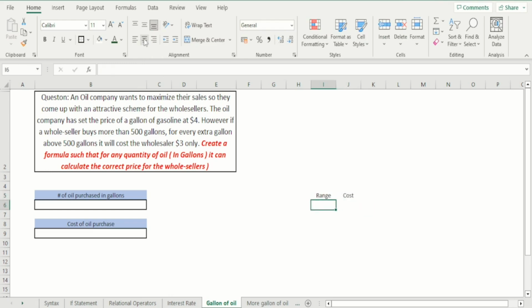So it seems like anything which is less than or equal to 500 gallons is going to cost $4, right?